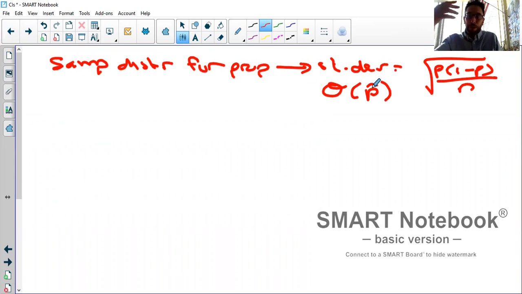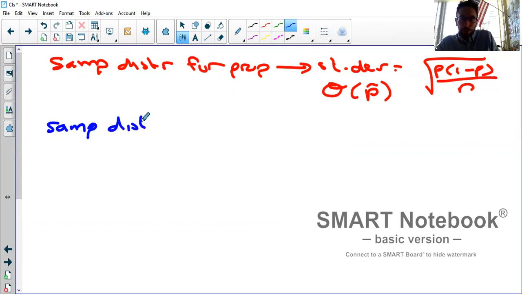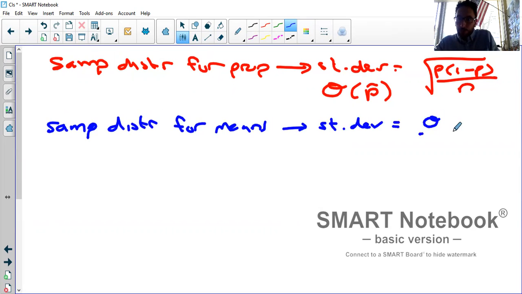A sampling distribution, we imagine we take a sample, find P hat, plot it, and so on. And for the sampling distribution for means, hopefully you're already thinking what the standard deviation formula is. We know the standard deviation is sigma over the square root of N. And this would be our standard deviation of the sample means.